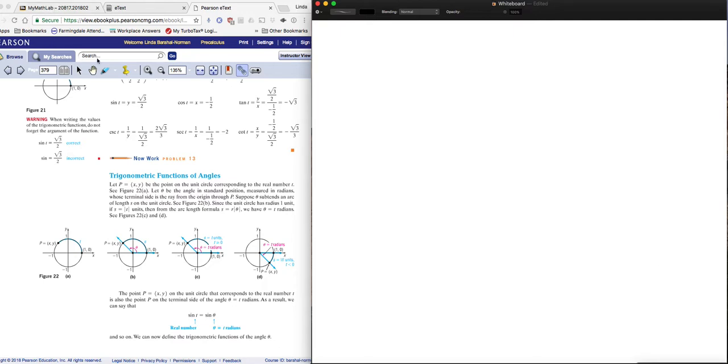So we have sine theta, we have cosine theta. Tangent theta. We define tangent to be y over x. So that is sine theta divided by cosine theta. All right, cotangent theta we define to be x over y. So that is going to be cosine theta over sine theta.